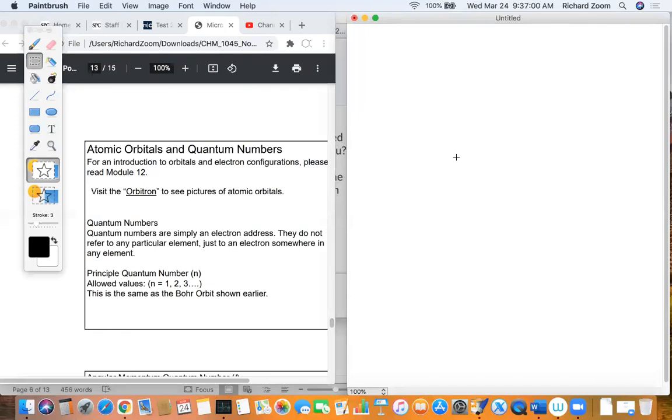Let's try that again. It's all very frustrating. Something is slowing this down. I'm not sure exactly what it is. All right, I'll try this with my mouse instead for now.